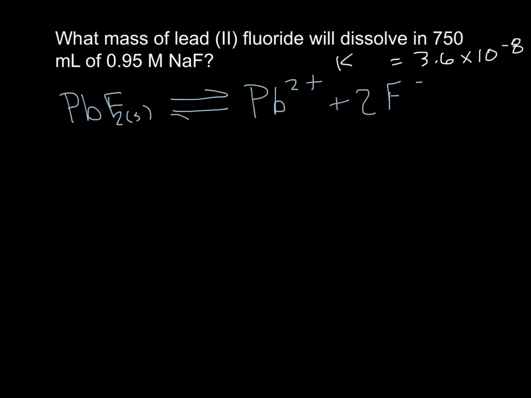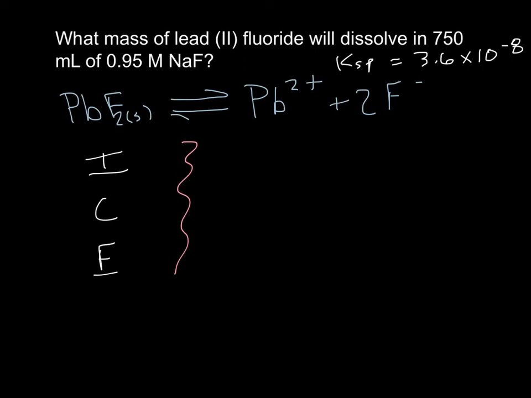That's my KSP. Let's separate products and reactants. And again, I'm going to label my columns here because the solid doesn't matter. This question differs a little. It says, what mass of lead-2 fluoride will dissolve in 750 milliliters of 0.95 molar sodium fluoride?